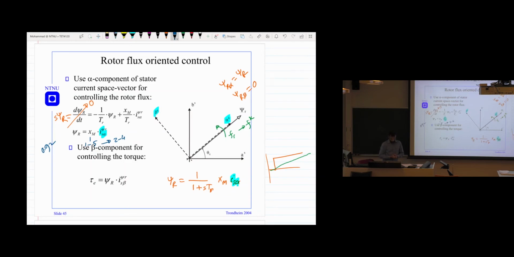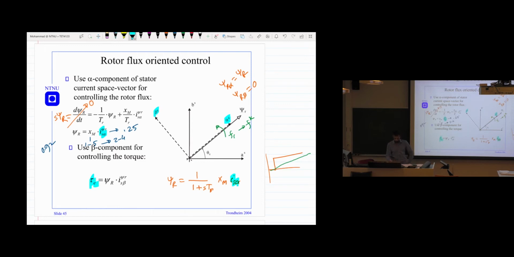And then to have it like this, maybe if it's 4, then we can have a very small amount of current, like maybe 0.2 or maybe 0.25. So we can use this current to produce the rotor flux, and then the remaining current we can use to produce the torque.